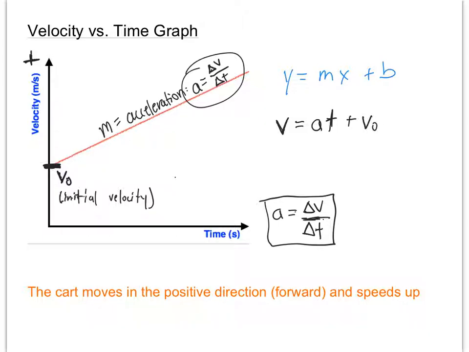And there we go, we have our first equation from this unit, which is the constant acceleration equation. So that's the initial velocity, and this is acceleration.